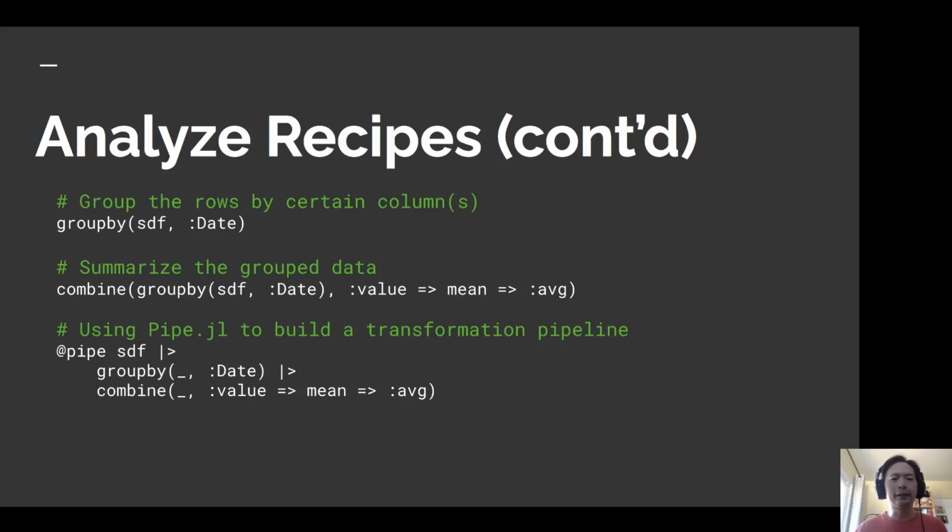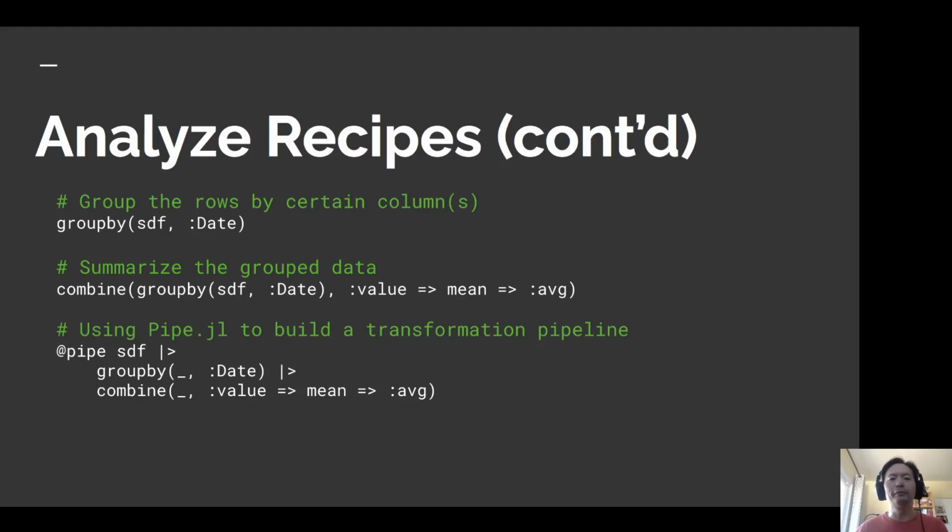Group by allows you to create what's called a grouped data frame object, and then with that object you can combine everything together after applying some aggregation functions. So in this example, you can see I want to group by date and then calculate the mean of the value column and turn that into a new column named AVG, average.